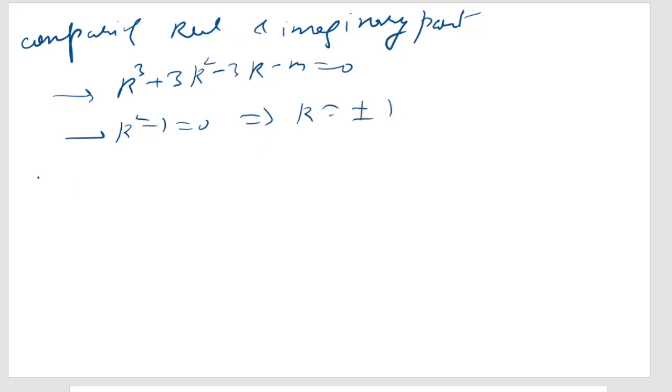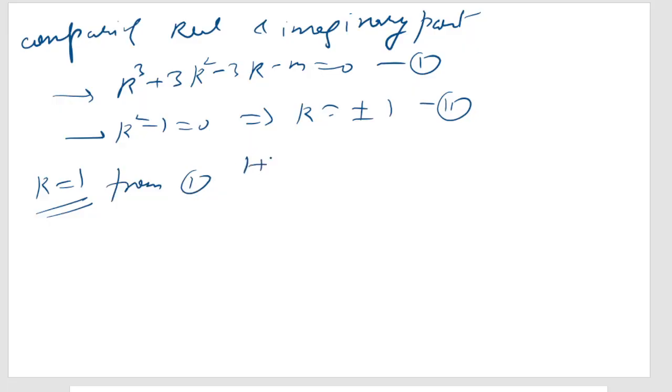So there are two equations, 1 and 2, and 2 gives the roots. If I assume k is equal to 1, then from the first, 1 cube plus 3 minus 3 minus m is equal to 0. So I will get m is equal to 1.